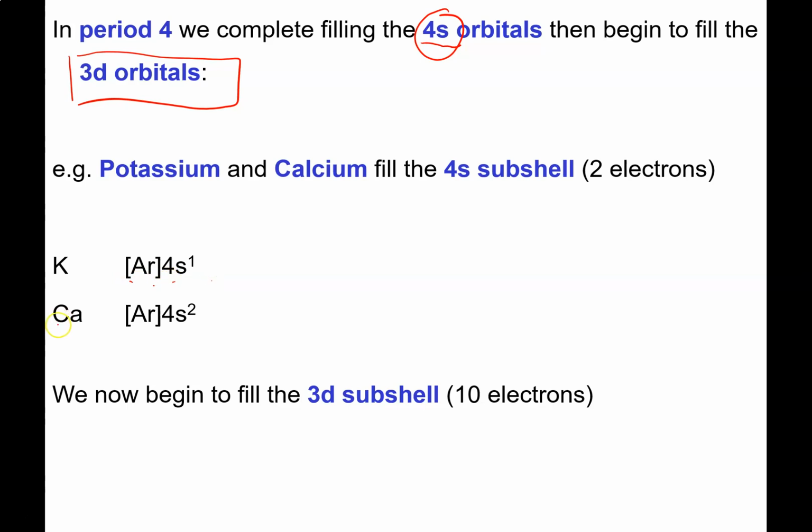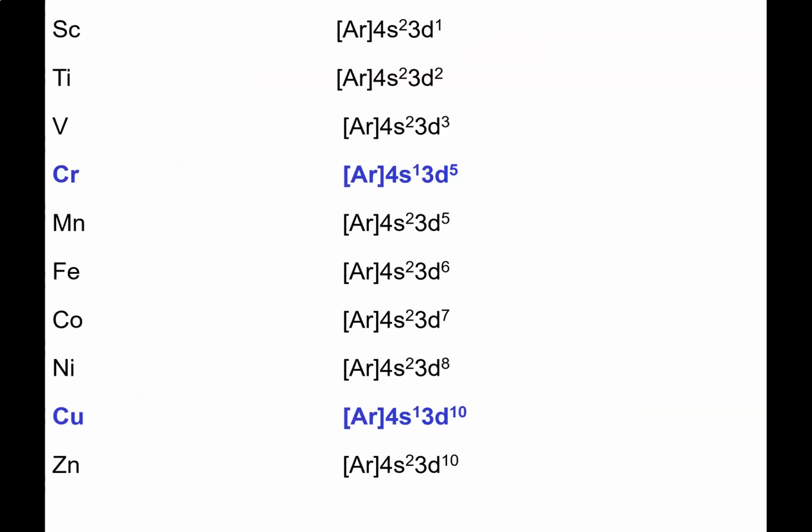Next to potassium is calcium, it's argon 4s2. And then now we begin filling up the 3d. Now the 3d can take 10 electrons, so we're going to do this fairly promptly. And so here we go, scandium is 3d1, titanium is 3d2, vanadium is 3d3, chromium is 3d4.